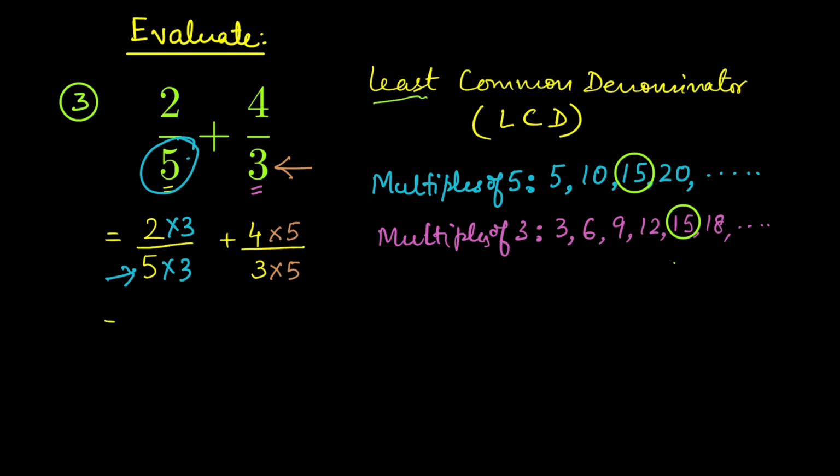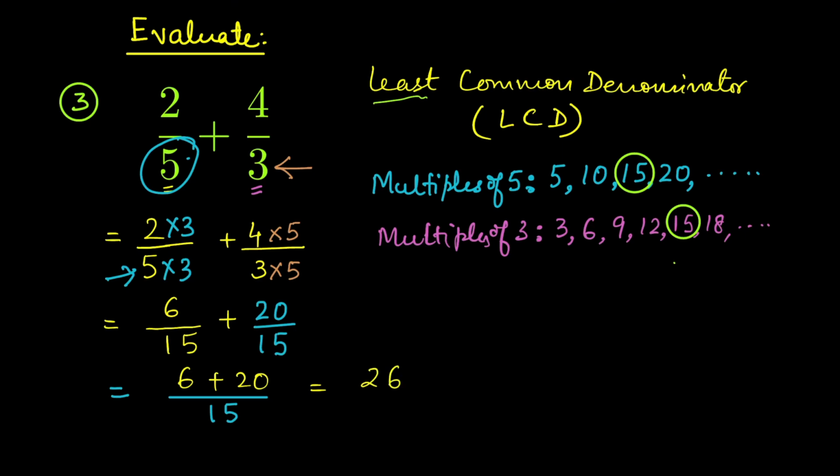Now the first fraction is 6 over 15, plus the second fraction, 4 times 5 is 20 over 3 times 5 is 15. Now we have the same denominator, so we write it as in the previous case. It is 15, and the numerator is 6 plus 20, which is 26 over 15. This will be your answer.